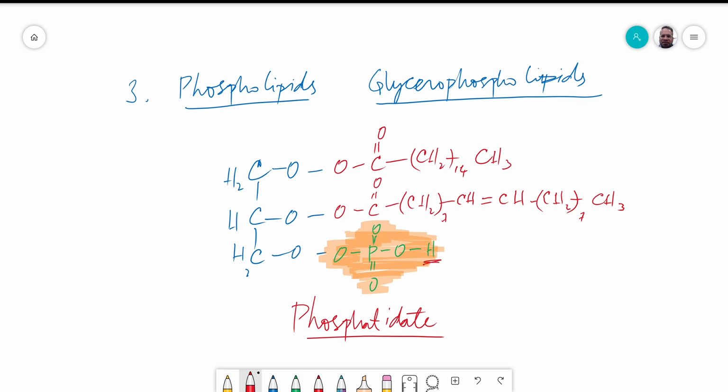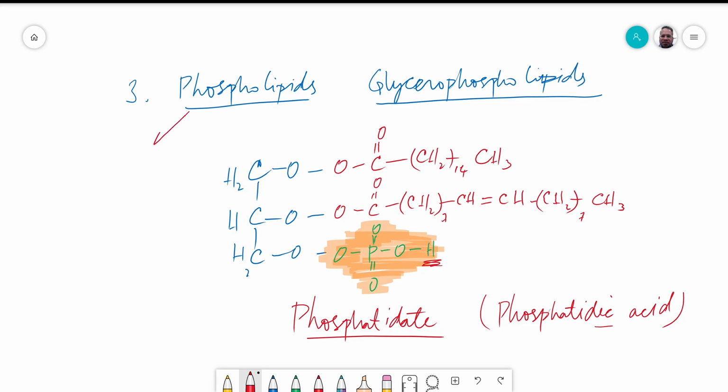If it is protonated, it's also called phosphatidic acid, like acetic acid, right? And then this is acetate.